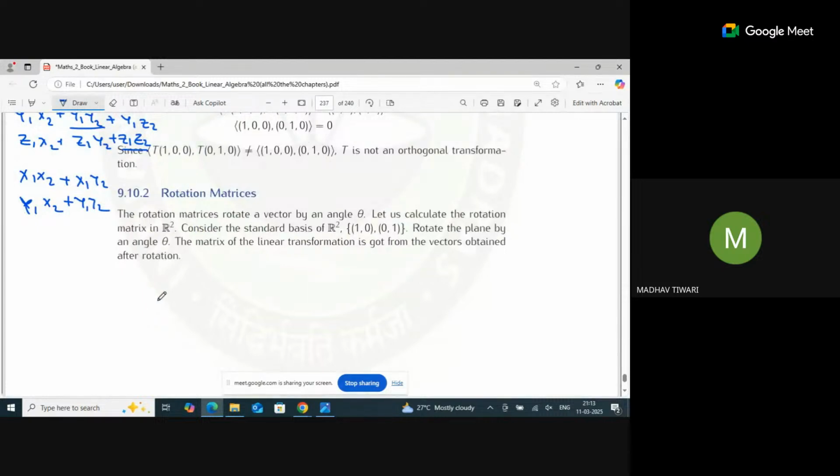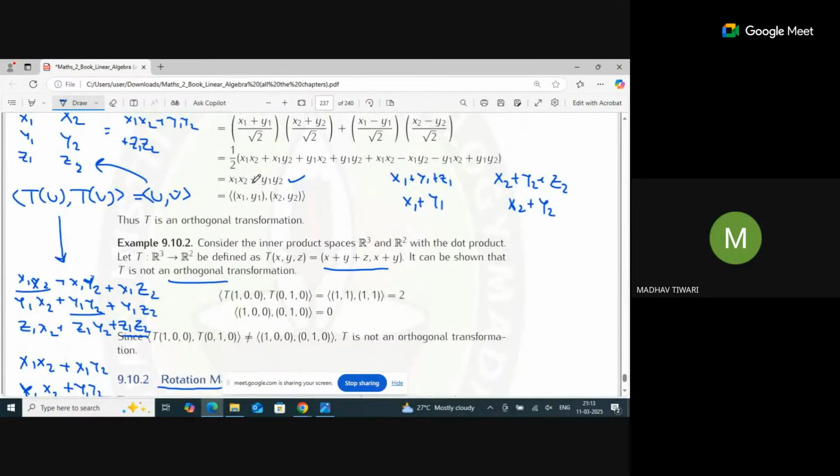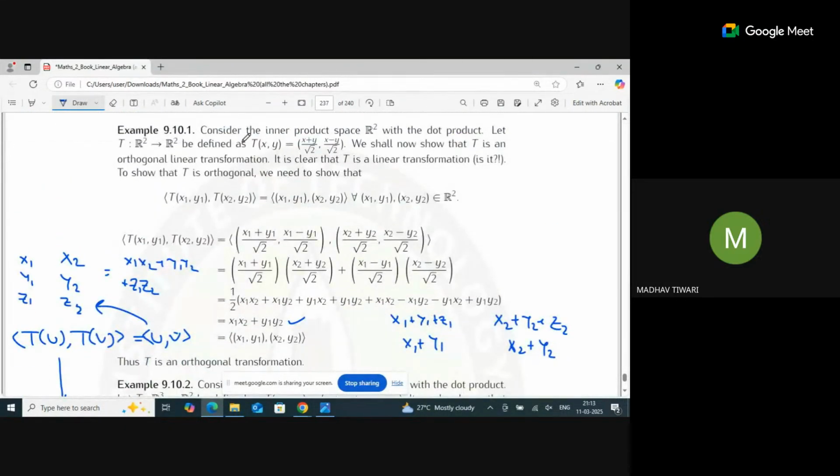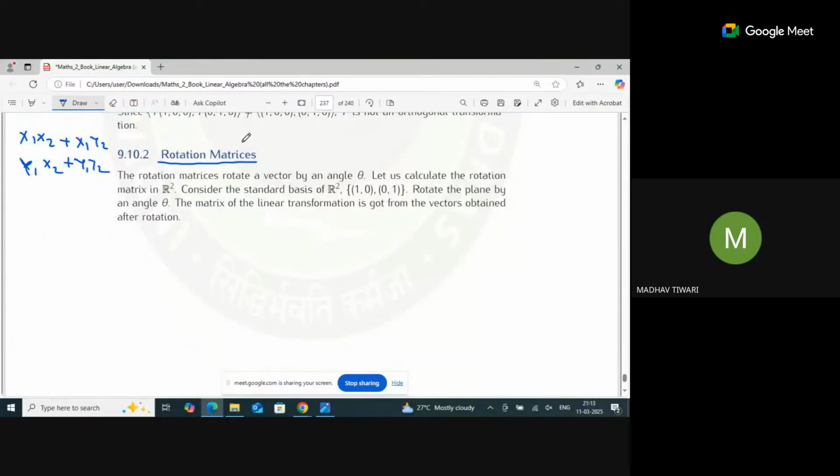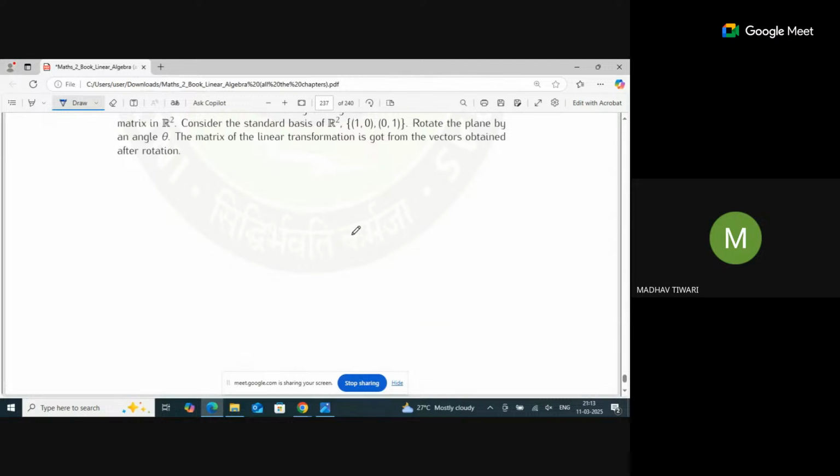Next is the rotation matrix. What are rotation matrices? Basically, we rotate it. Same way as the orthogonal transformation that we are studying, so the rotation matrix is related to this part a little bit. Suppose you have a two-dimensional plane and you want your plane to be rotated.